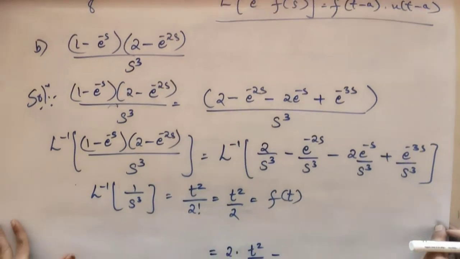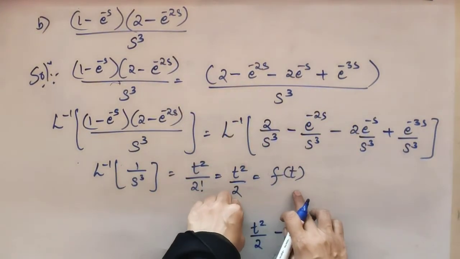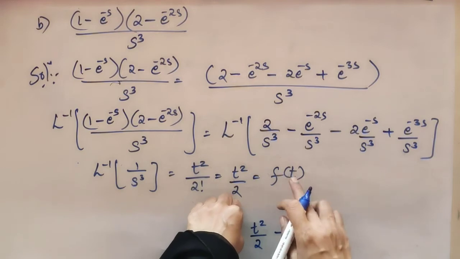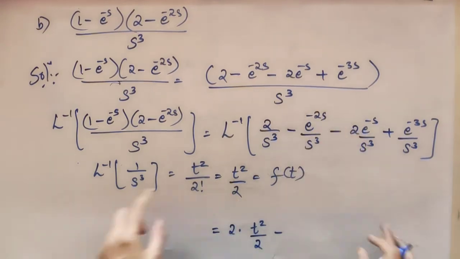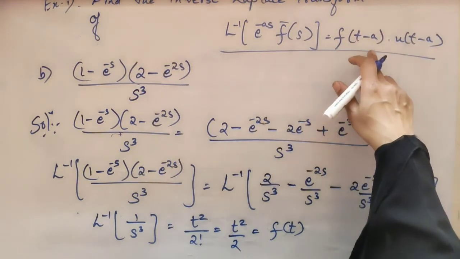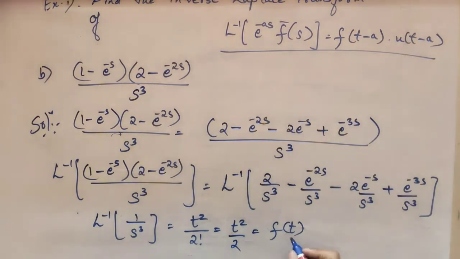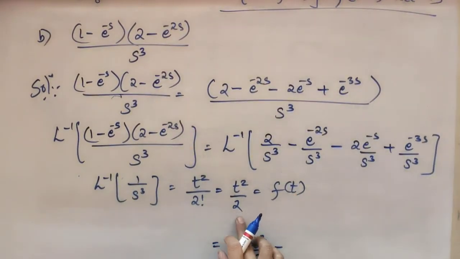So how will you write this? In place of f of t, you are going to write this, but not in terms of t. You are going to change that t to t minus 2, because the value for a is 2. F of t minus a you have to write into u of t minus a. What is that f of t? It is t square by 2.